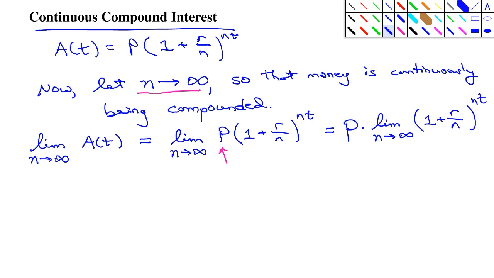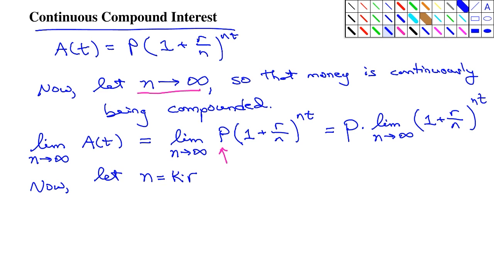Now we need to do a little switcheroo here. Now let's let n be equal to k times r. So r is the fixed rate at which the money is being compounded, and we're going to bring in this k. We're going to say that as the n is going to infinity, there's this k that you could multiply by r to produce that n.